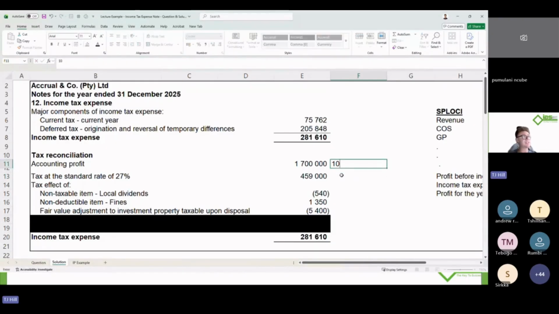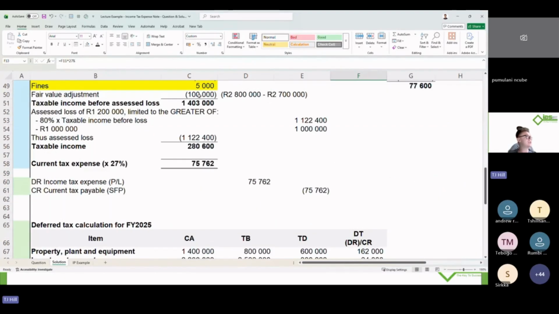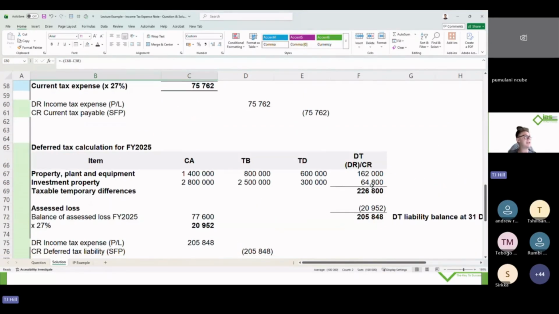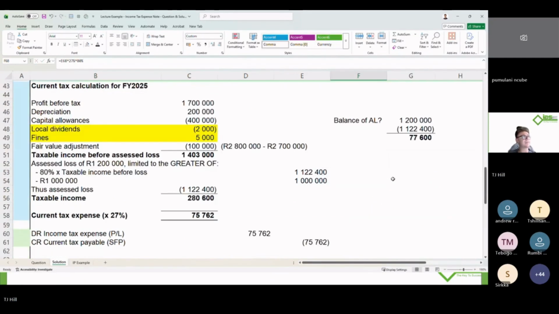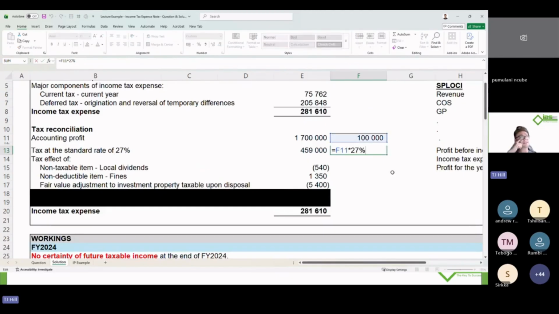So the fair value adjustment is included here as income, and they went and said 27%. But I didn't account for it at 27% in my deferred tax because I adjusted it out here, yes, and then I added it back here, but at 80%. So they went and put 27% there. I went and put that.